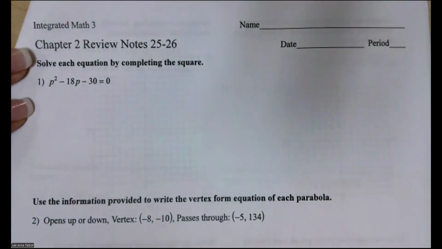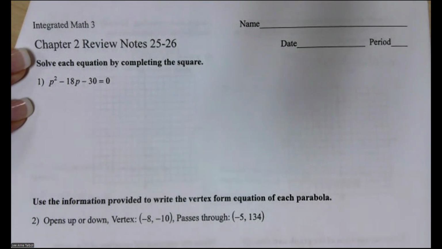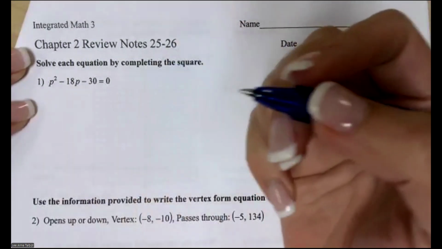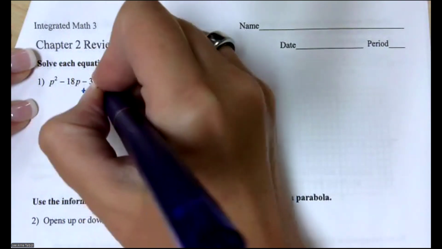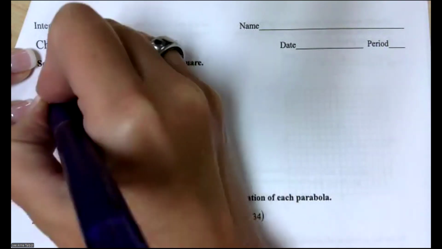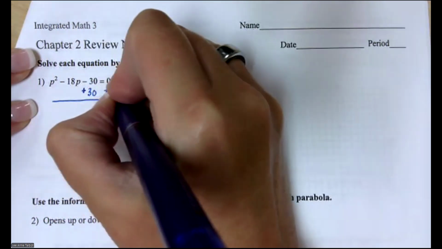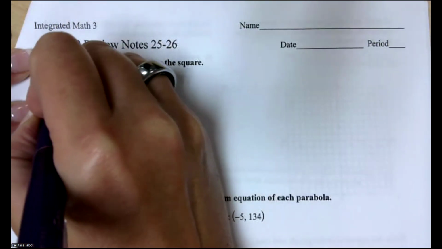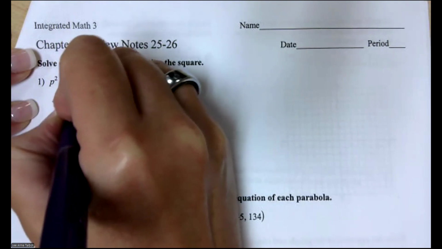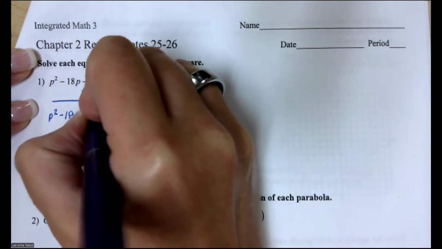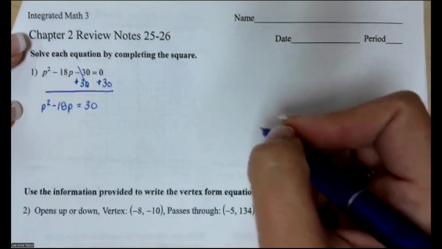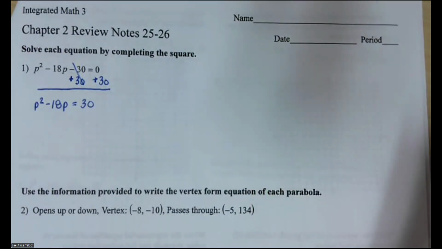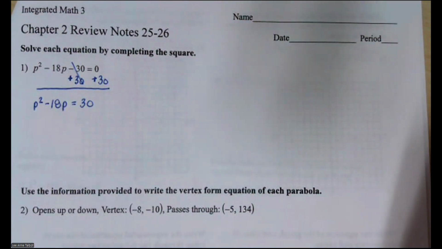Number 1, solve each equation by completing the square. Step 1, move the constant. This is what we did yesterday. And remember, there are 3 different reasons to complete the square.